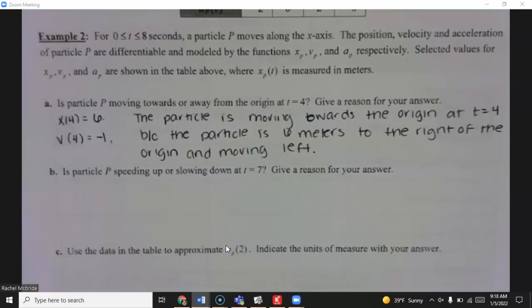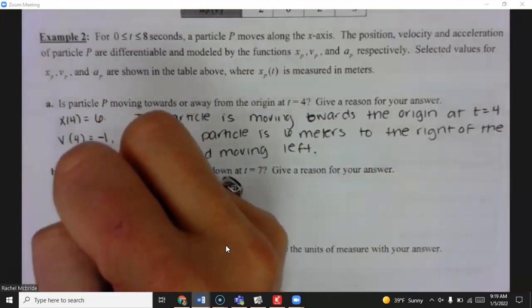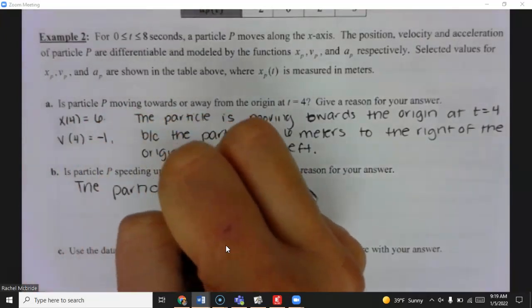Is the particle speeding up or slowing down at time 7? Okay, so she says speeding up. Give a reason for that answer.